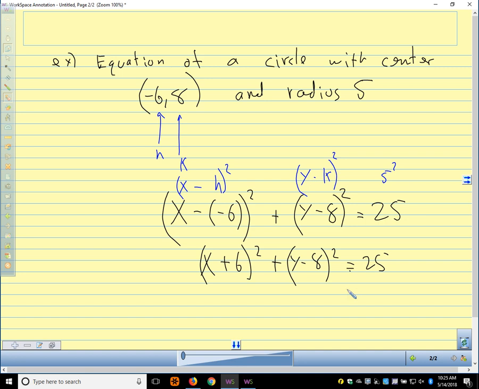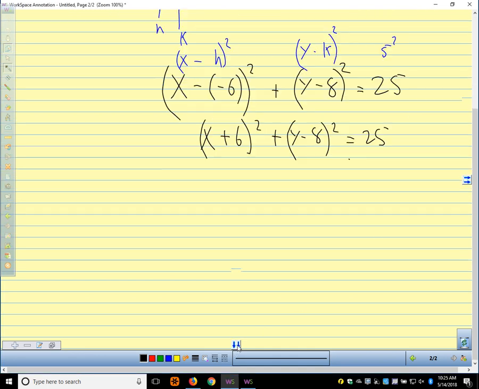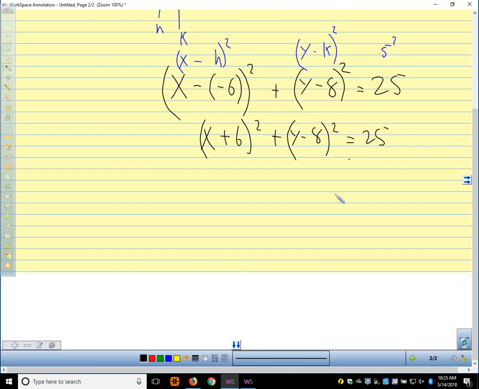So just a little way to think about this: if this is negative, it turns positive. If it's positive, it turns negative in our equation. So they're opposite signs. And that's all we have to do there. Questions there?